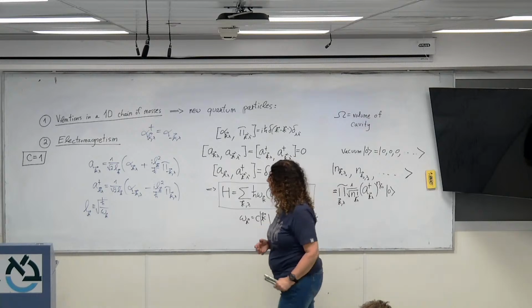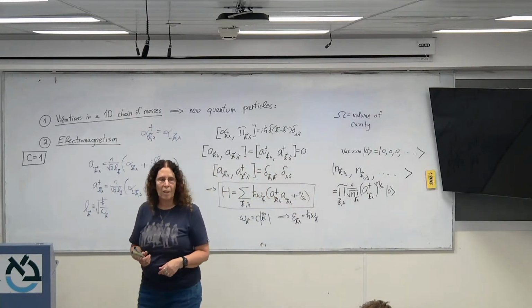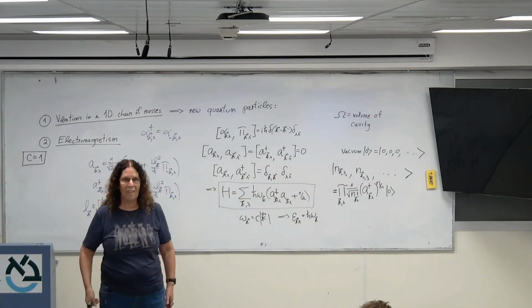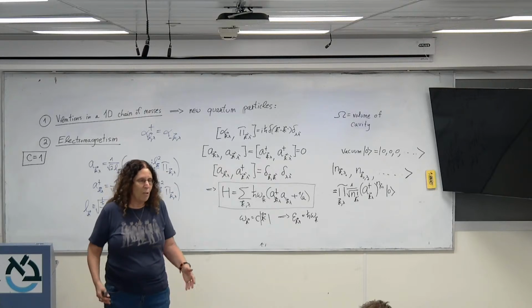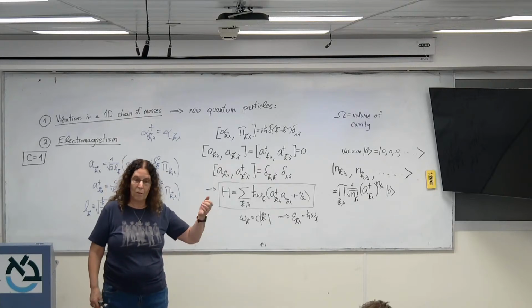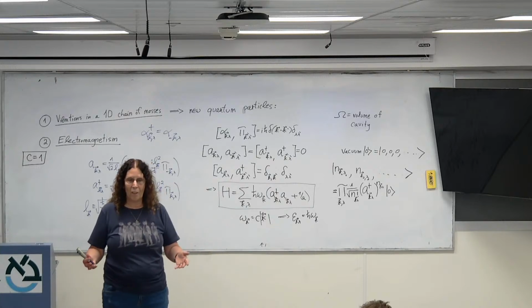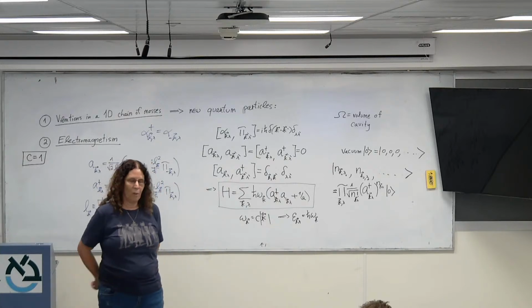But also in the electromagnetic case, we just had E squared plus B squared, right? And it's completely analogous to kinetic and potential energy with some generalized coordinates.